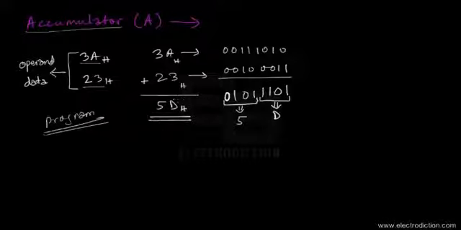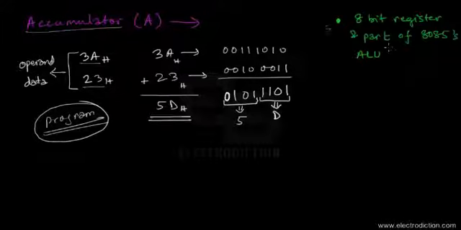In this case, we need to keep certain things in mind while trying to write a suitable program to perform this process using the accumulator. First, it's an 8-bit register, we already know that, and the most important fact is that it's a part of the 8085's arithmetic logic unit.